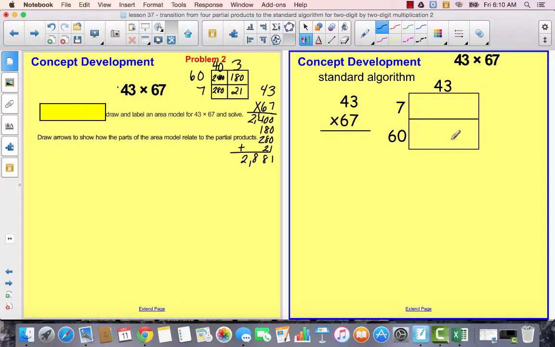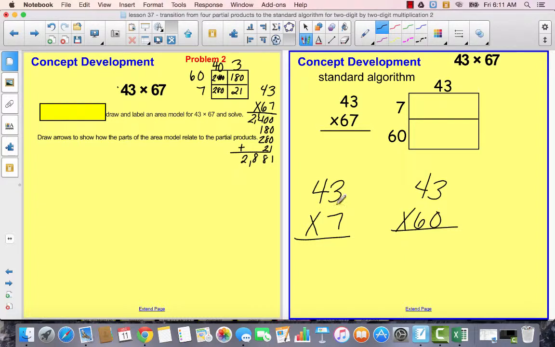Whenever your parents use standard algorithm, that's basically what they're doing. They're dividing this problem into two separate problems, 43 times 7 and 43 times 60. So we're going to use standard algorithm to do 43 times 7 and then 43 times 60, and then we're going to put it together.